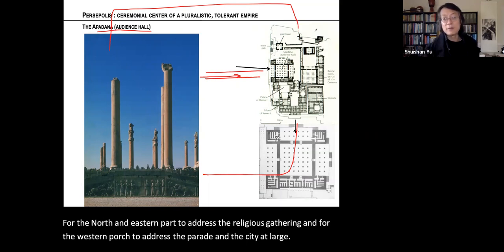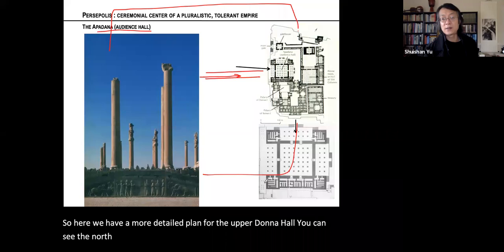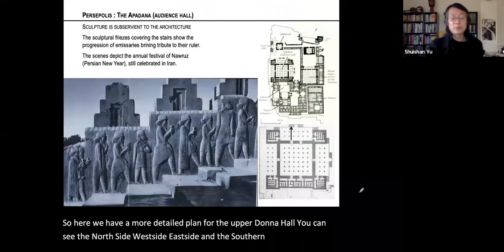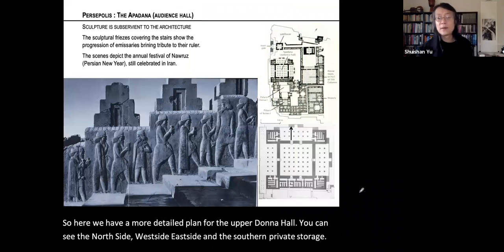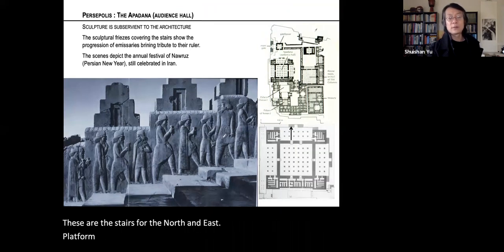So here we have a more detailed plan for the Patana Hall. You can see the north side, west side, east side, and the southern private storage. These are the stairs for the north and east platform, featuring those ascending parades.